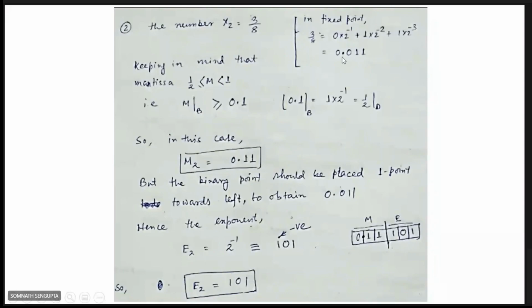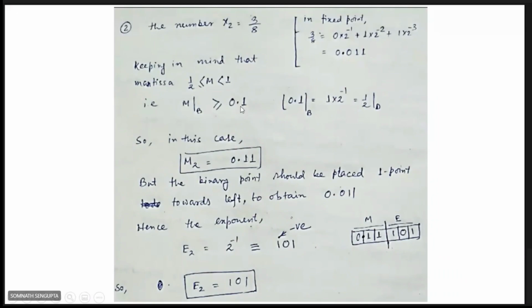Okay. 0.011 in fixed point. But in floating point, how do we represent it? Floating point starts with 0.1, because its condition is that it is greater than or equal to half and less than 1. So half means it is 0.1.